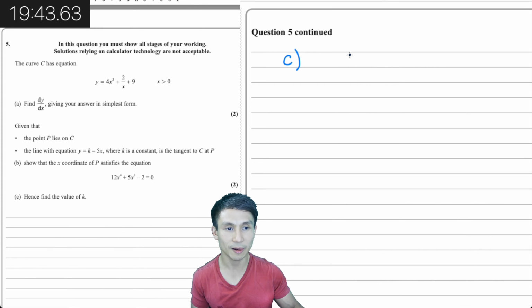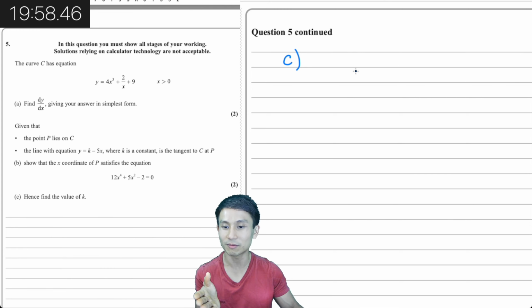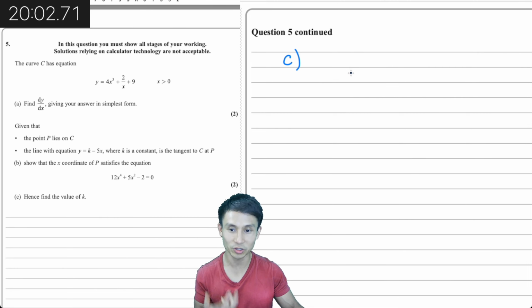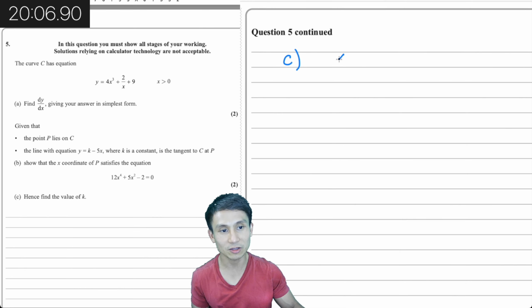Let's see if we can factorize. If you're familiar with the technique, let T be x squared, because we already used y here. Then that becomes 12t squared plus 5t minus 2 equals 0, and you solve quadratically. But I would like to factorize, so I do 4x squared and maybe 3x squared here.